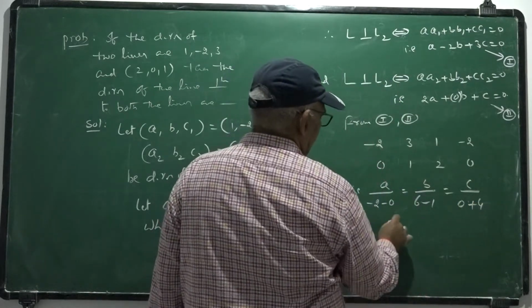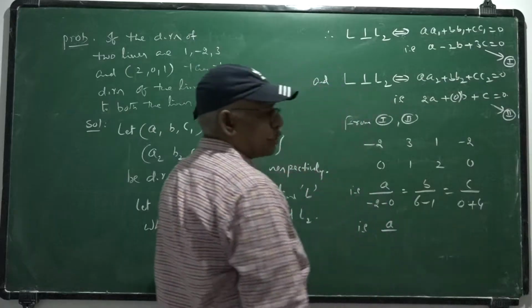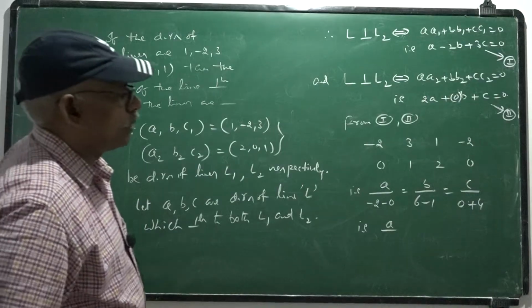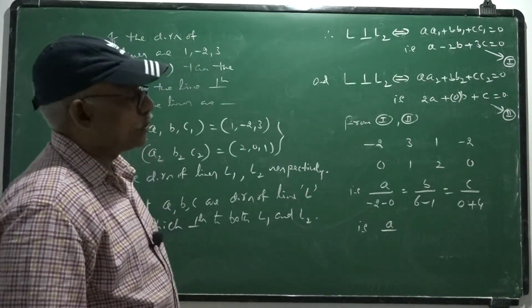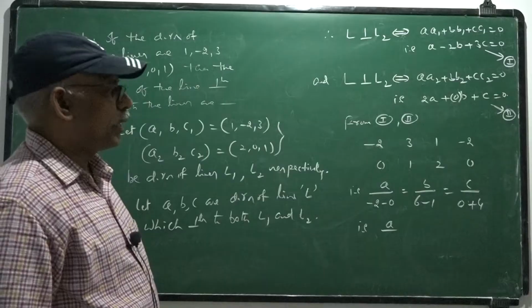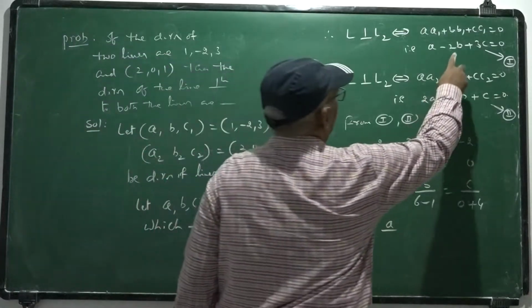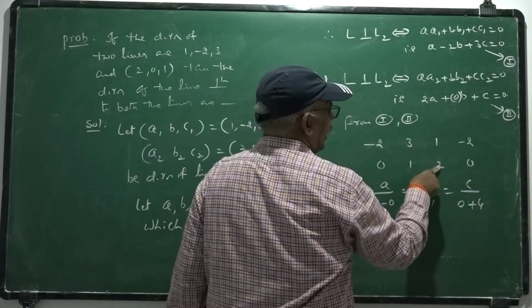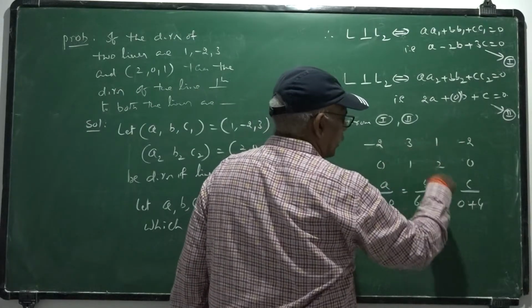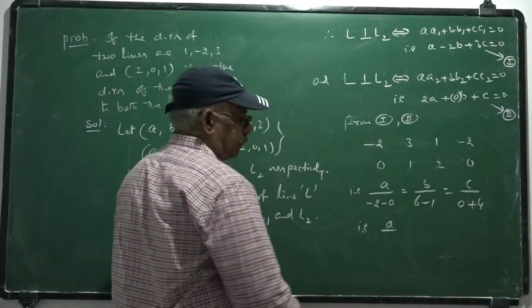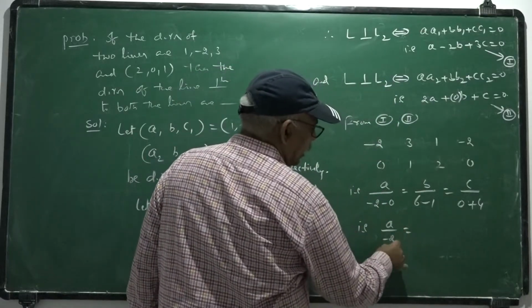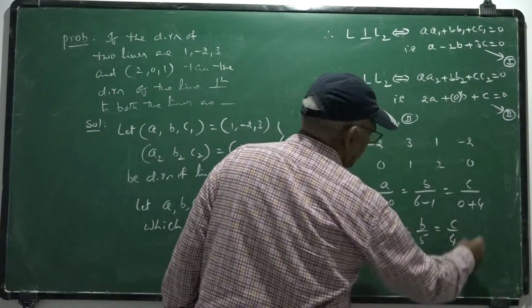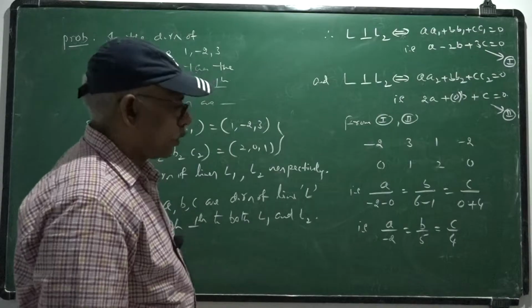Just by solving two equations in three unknowns, which is possible for finding the proportionate values of unknowns, I am using the cross multiplication method. Take B coefficients here, C coefficients, A coefficients, and then B coefficients. Take cross multiplication so that A is proportional to -2, B is proportional to 5, C is proportional to 4.